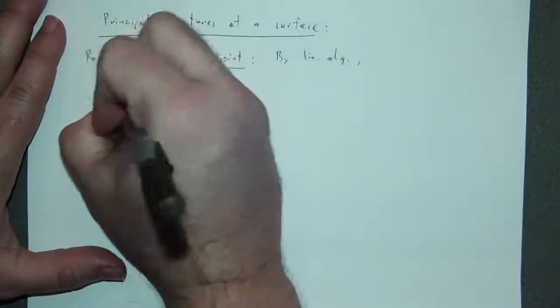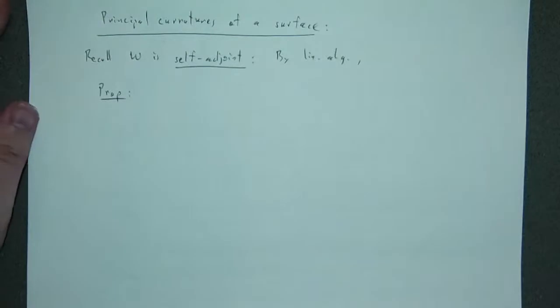So bilinear algebra, what do I get? So I have the following proposition. Like I said, I'm not going to prove this. This is spat out immediately from linear algebra.